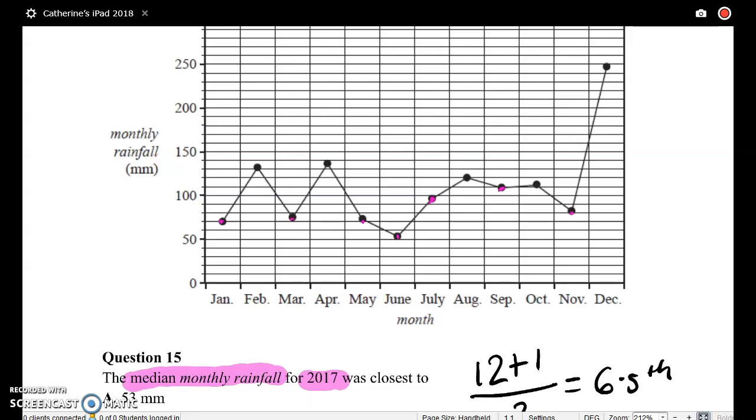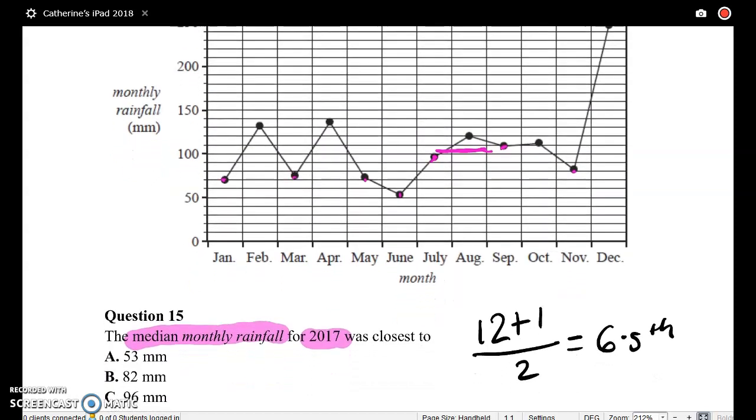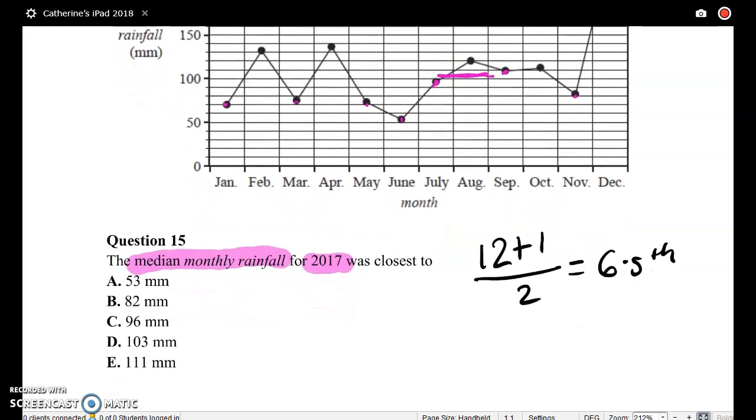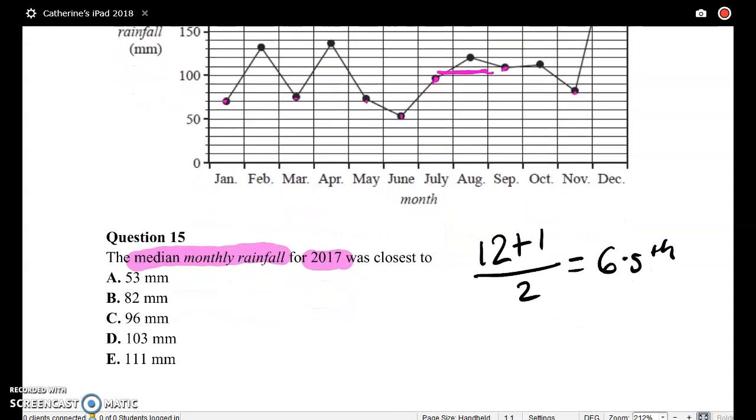So that 7th is looking about the 110. The 6th is looking just a little bit under 100. So it's got to be somewhere between 100 and 110. So we don't know the exact figures, but let's look at our options. Well, it can't be 53, 82, 96. 111 is just that bit too much, isn't it?